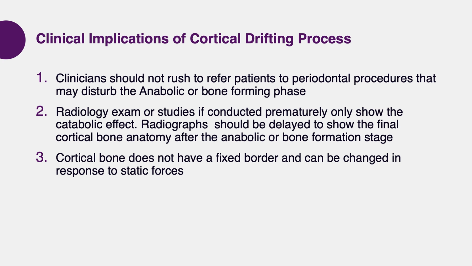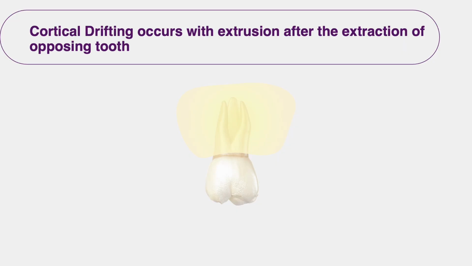The third finding demonstrates that the alveolar bone is not a fixed structure with a fixed border that we cannot change. And this is not just the result of our experiment, the natural phenomenon also argues toward that. If you are losing a tooth in one arch, the tooth in the opposing arch continues to erupt with the cortical drifting at the crest of alveolar bone that gradually moves or migrates the position of alveolar bone in the space.